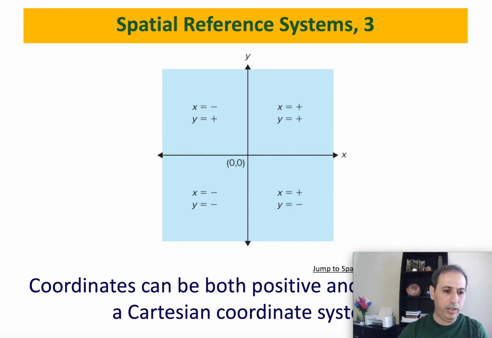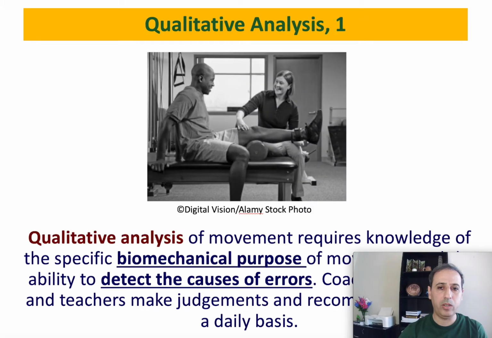So if we have the Cartesian coordinate system, we know what we're talking about, and we can move now to qualitative analysis. What does that mean, and what does that entail? A qualitative analysis of a movement requires the knowledge of two things: the biomechanical purpose of the movement that the subject is actually performing, and the ability to detect the causes of errors.